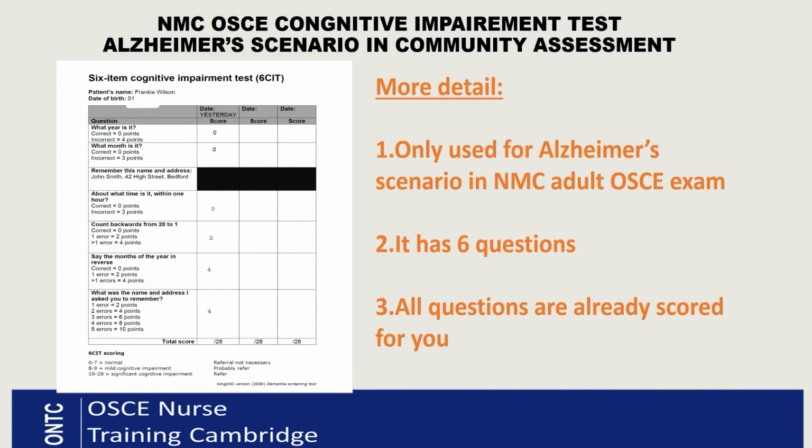All these questions are already answered for you, because you have very limited time in the assessment station, 20 minutes, and in that time you need to do the patient's vitals, do the A to E assessment, and all that. So you haven't got the time to ask these questions. Your briefing from your examiner will be that these questions have already been answered and scored for you.